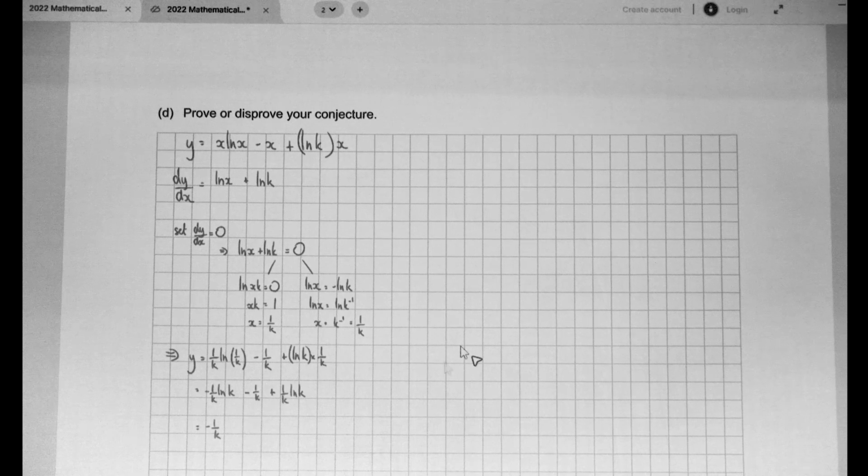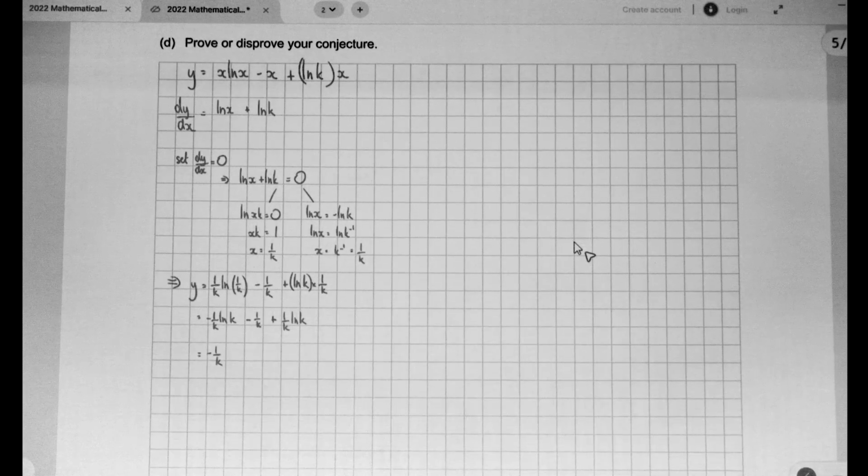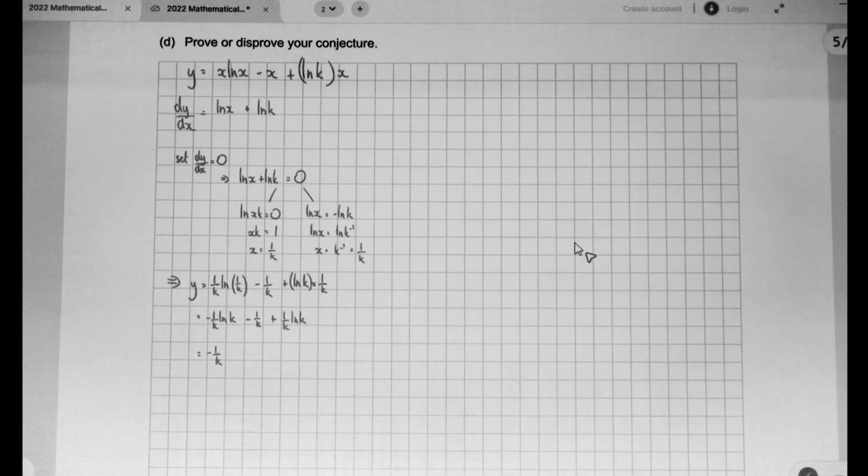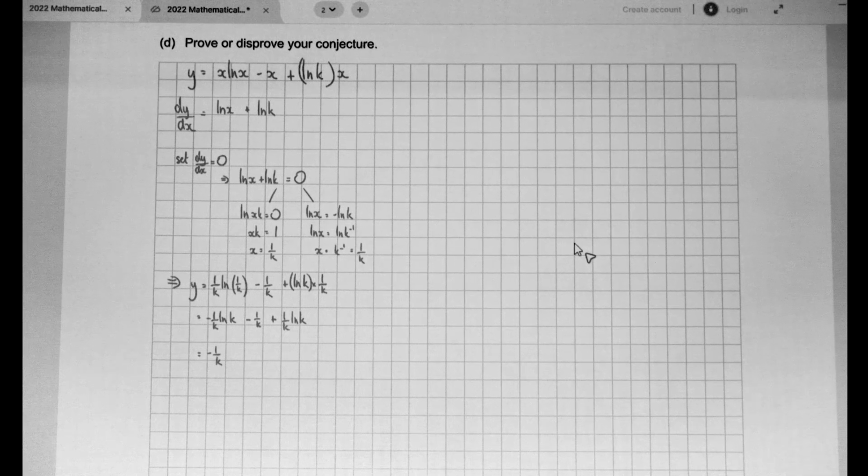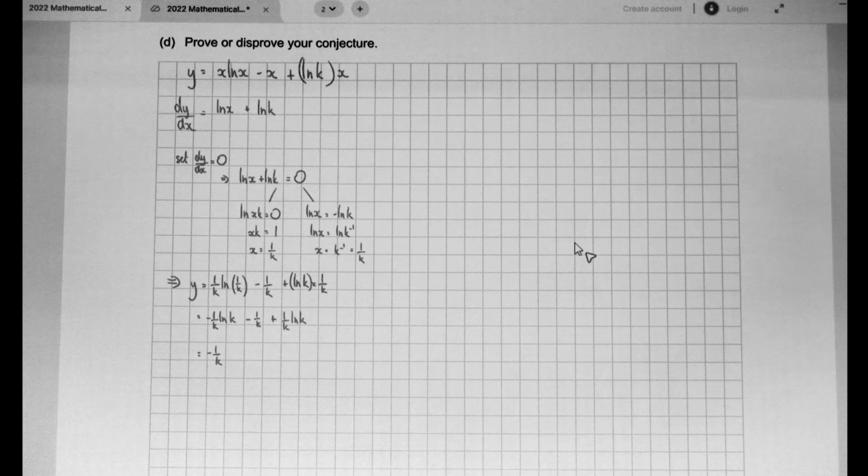Students who did well at this knew their log laws well. Often the idea of saying ln x plus ln k is the same as ln xk made it flow easily, but there were lots of different ways that they manipulated things and got down to x equals 1 on k. Then, a common error: they didn't go ahead and find what the y value was when x is 1 on k.